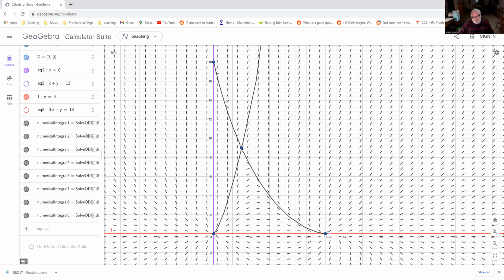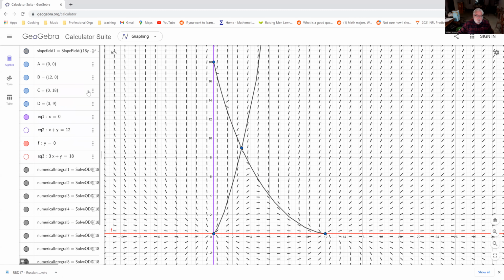And so you can see everything will either end up over here at 12 or over here at 18, depending on where you chose to start your solutions. And we can read off what the behavior of the animals is from that. So that is a competing species model in which one or the other of the species goes extinct.